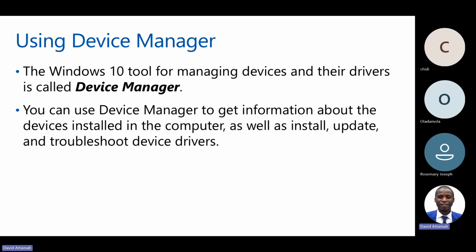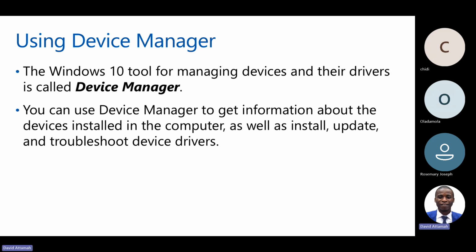There's something called the device manager. It's where you see all the devices installed on your computer, like printers, external monitor, external keyboard, external mouse, every single device you connected or installed on your computer.